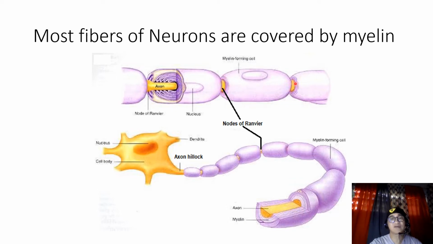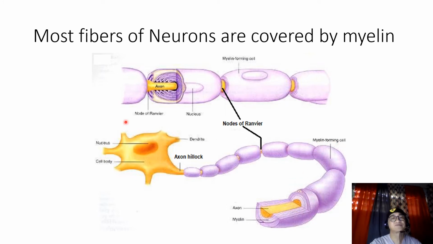These uninsulated regions are called nodes of Ranvier. These are very important regions along the fiber or axon of many sensory and motor neurons, because this is where most of the signals jump from one node of Ranvier to another in a saltatory fashion.